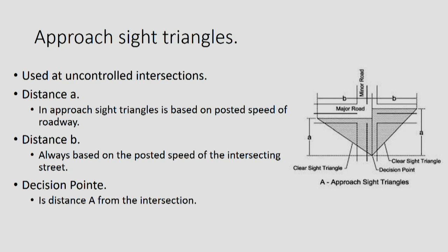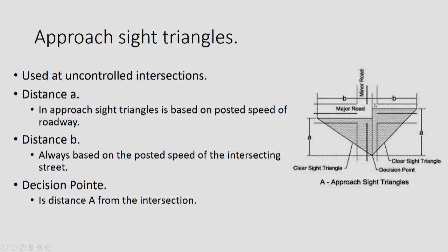You have distance A, which comes back from the intersection. That's your decision point. You have distance B, which is measured wrong on this slide. Distance B should be measured from the curb or from the edge of the asphalt, which will be shown better on the next slide.